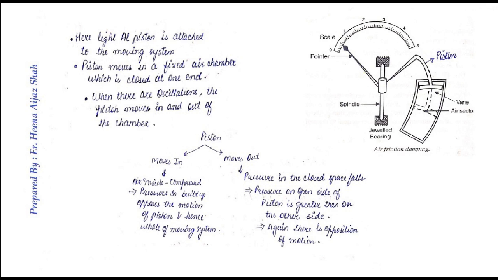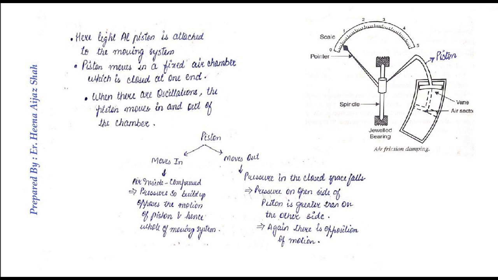The piston can either move inwards or outwards. Taking the first case, when the piston moves inwards, the air inside the chamber will be compressed. So the pressure inside the air chamber will increase and it will try to oppose the motion of the piston, and hence the whole moving system.